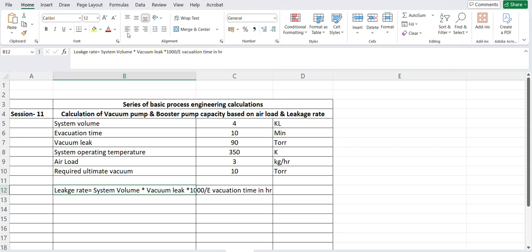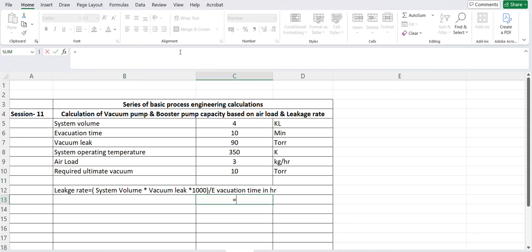With reference to this formula we can calculate the leakage rate.